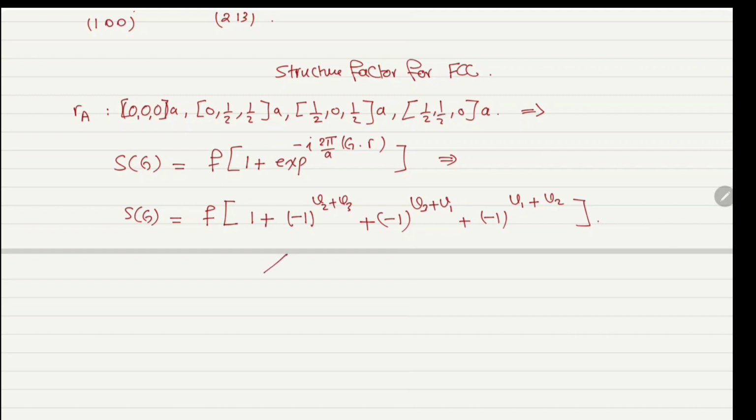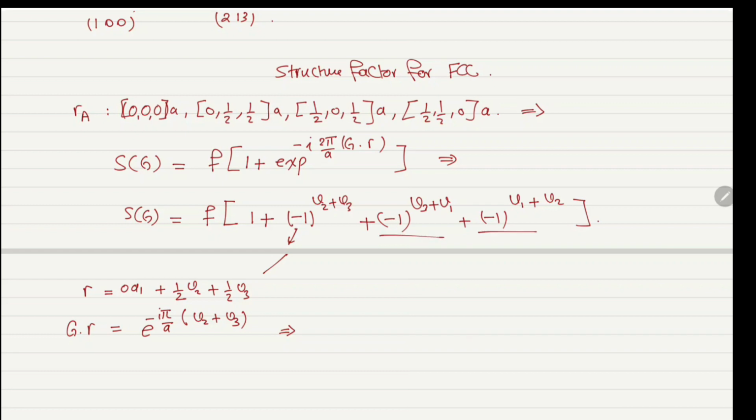In such a way, this factor here comes from R equal to 0 A1 plus half V2 plus half V3. When you dot product this one with G, with R, you will get e to the minus i pi over a times V2 plus V3. And same procedure for this one here.